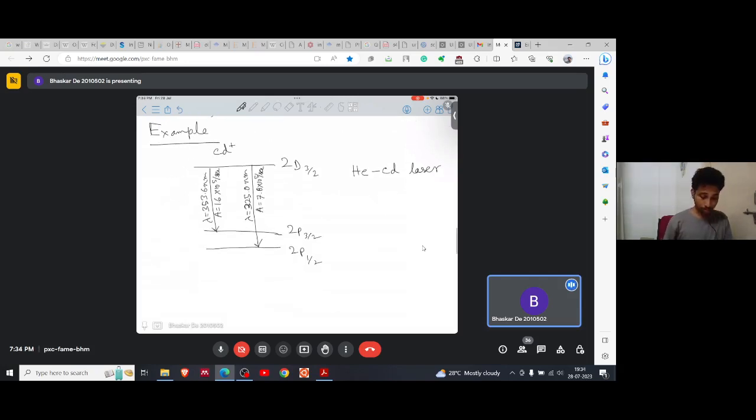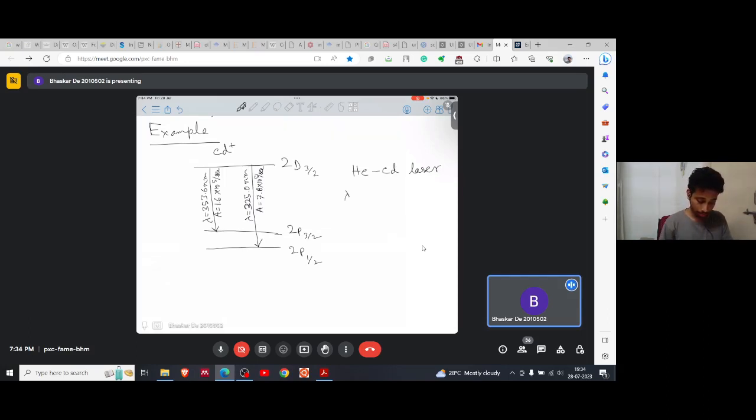So this is the energy states for the helium cadmium laser, where the energy states are for the Cd plus ion. So these three are the energy states, and there are two transitions shown in the picture, this one and this one. So from here we can see that there are two lambdas.